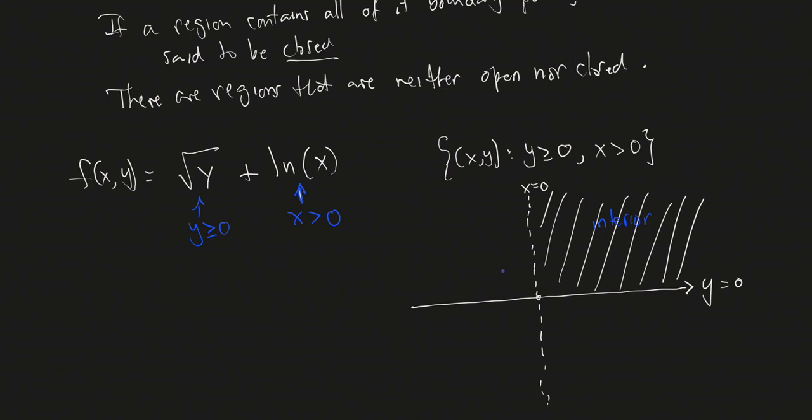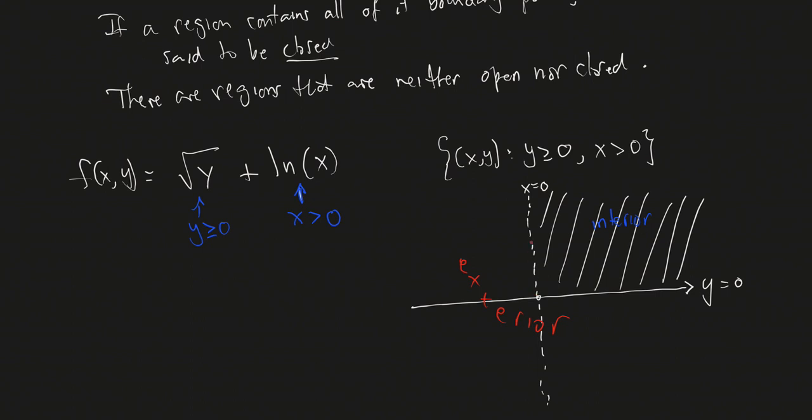Everything out here, I'll kind of write like this, is the exterior, going all the way around here. So these are all the points that are outside. Now, this region that we've just sketched has two boundaries.